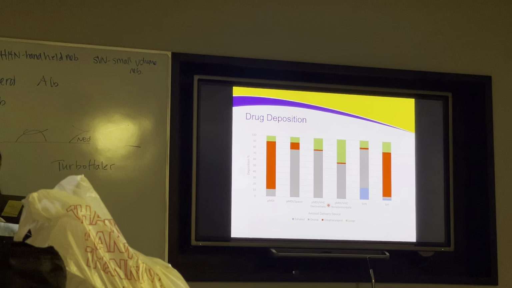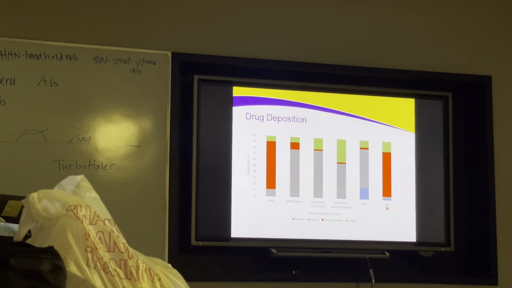The next one is what we call a meter dose inhaler with a valved holding chamber. The valved holding chamber was the boy that had that, what I said was a commercial spacer. It's yellow, okay? It's called a valved holding chamber. And then so is the next one. The difference is one is static free and one is not, okay? The next one is small volume nebulizer, and then the last one is dry powdered inhaler, okay?